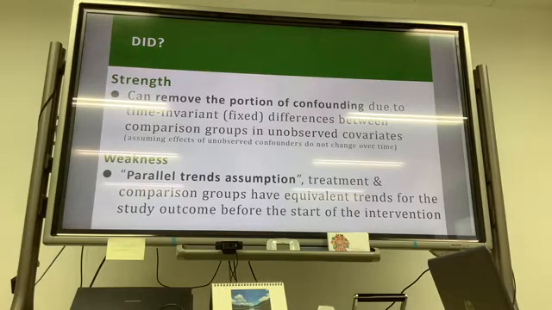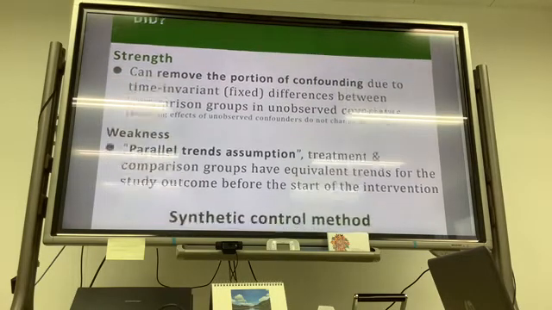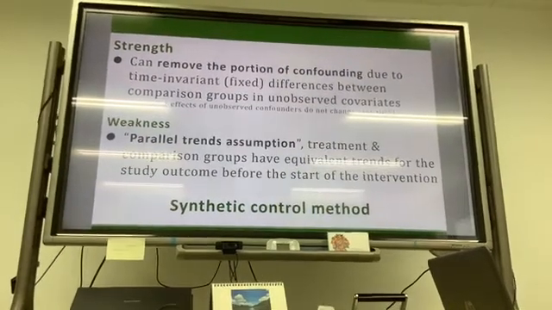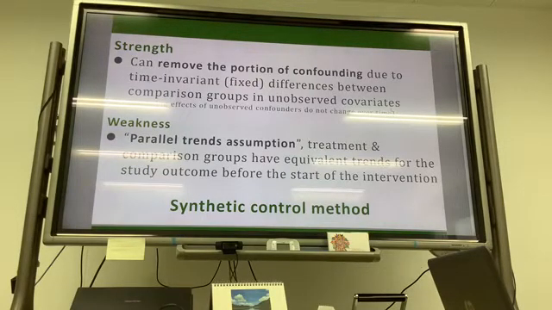On the other hand, this method has a limitation, the so-called parallel trend assumption, which means treatment and comparison groups have equivalent trends for the study outcome before the start of the intervention. And the synthetic control method overcomes this parallel assumption limitation.